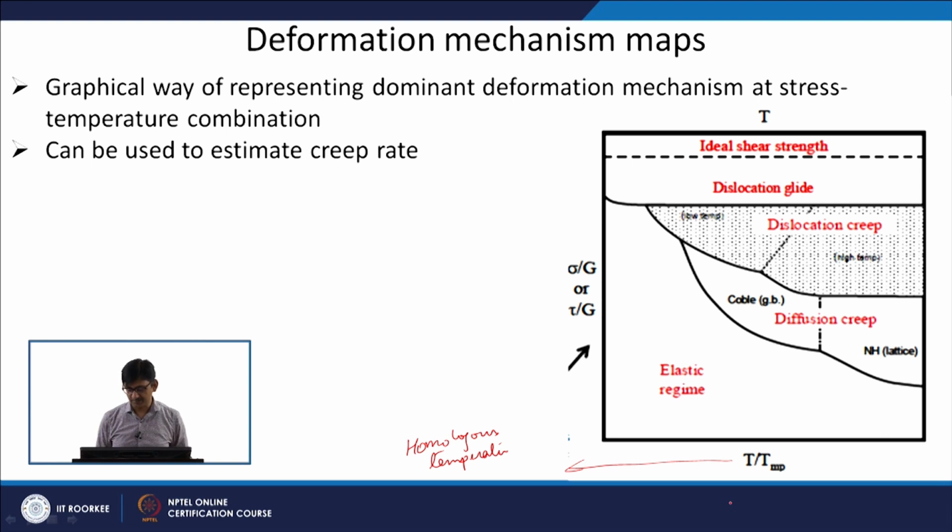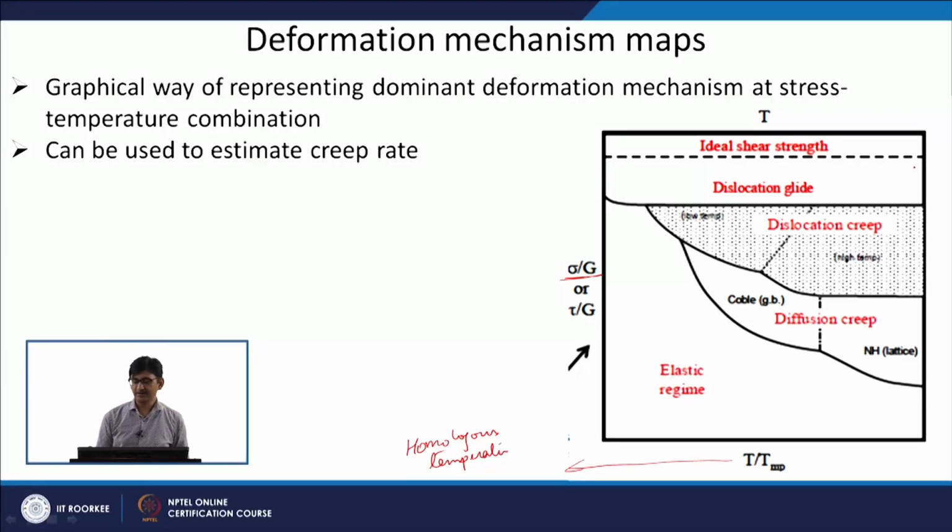On the y axis you have stress, which is normalized by the modulus of rigidity, or in the case of shear stress you can express it in terms of shear stress. So, this is your ideal shear strength of the material, which we have calculated as the theoretical shear strength.